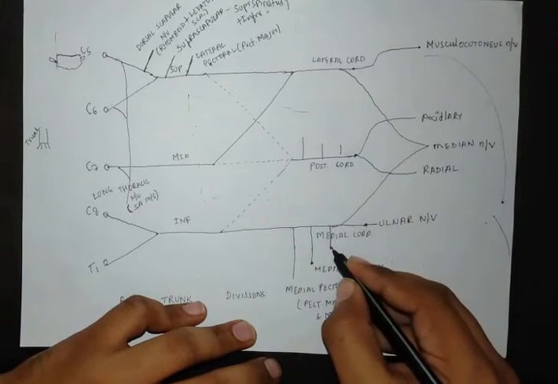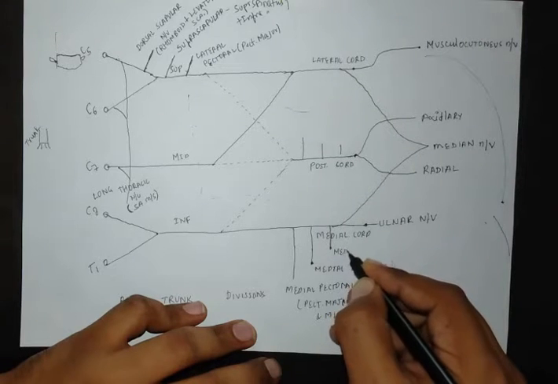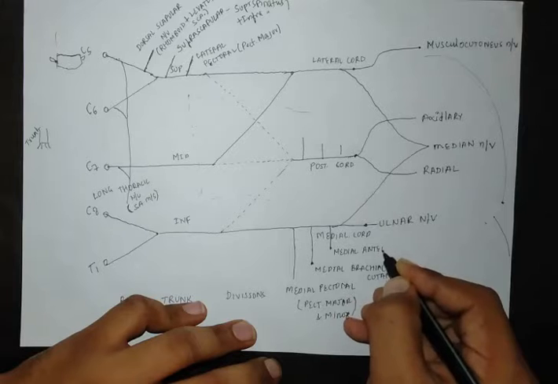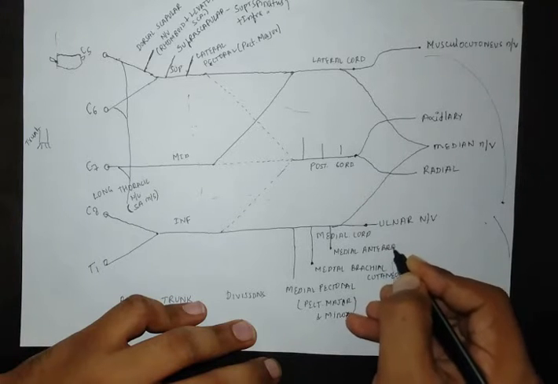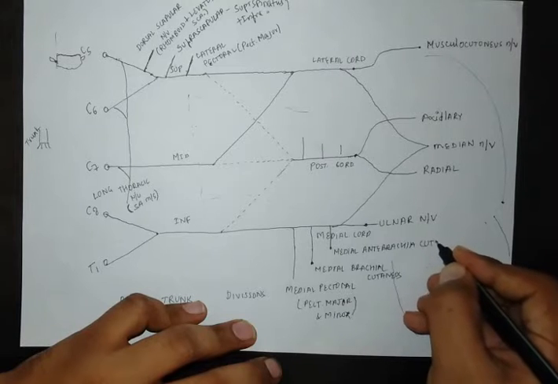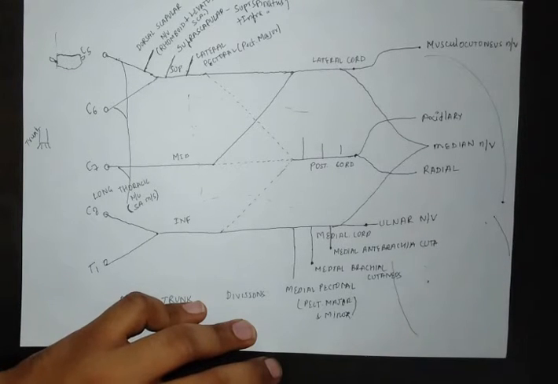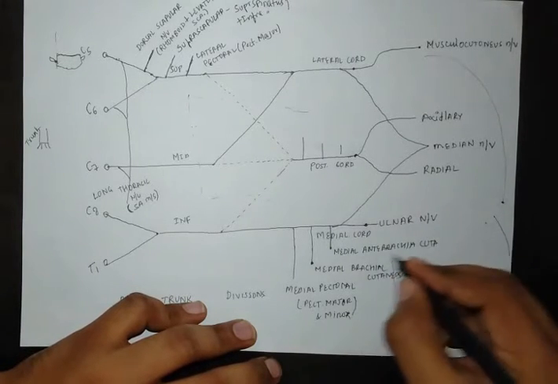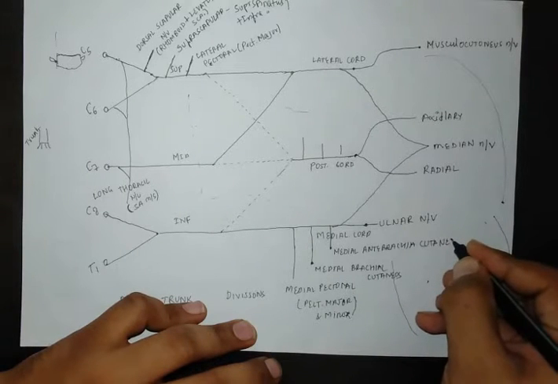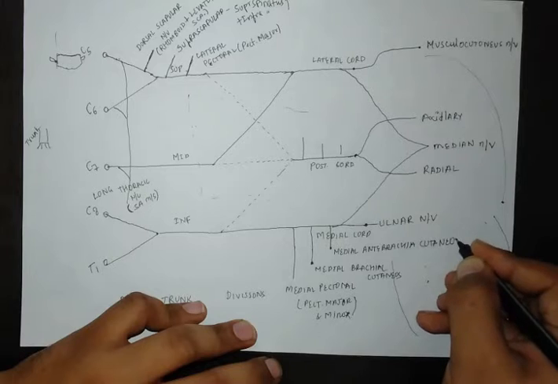Then the second nerve it gives to supply is the medial antebrachial cutaneous. Basically you can also call it the medial cutaneous nerve of forearm. Antebrachial and forearm are the same.